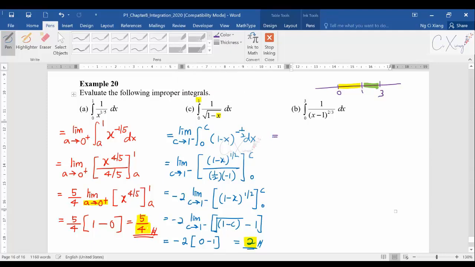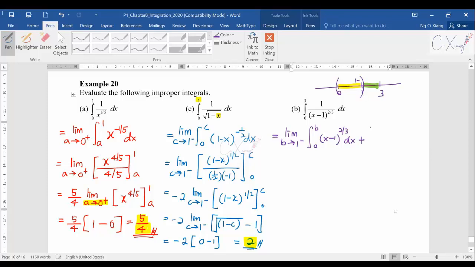My step will look like this. First you use the limit b. I focus on this part first, from 0 until 1 negative, so b is 1 negative. I integrate from 0 until b of (x minus 1) power 2 over 3 dx. This is the first part.